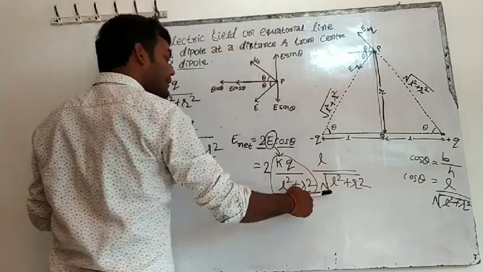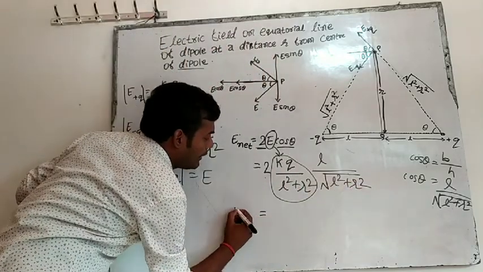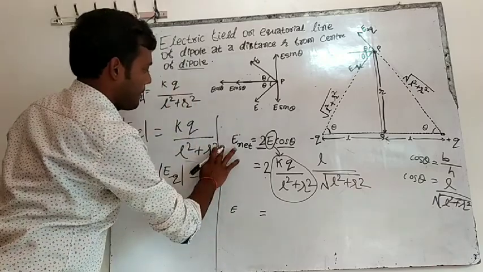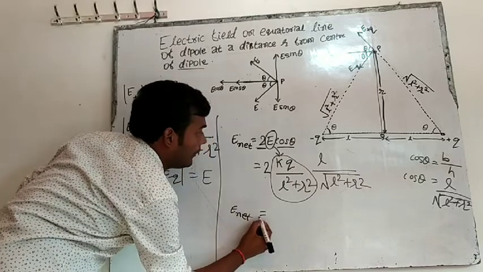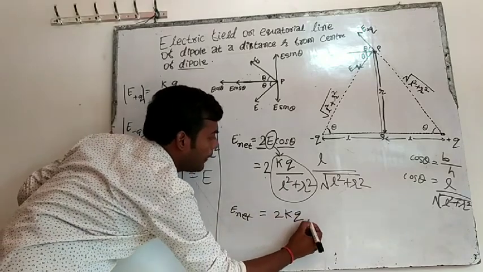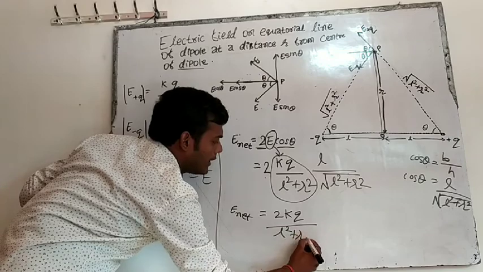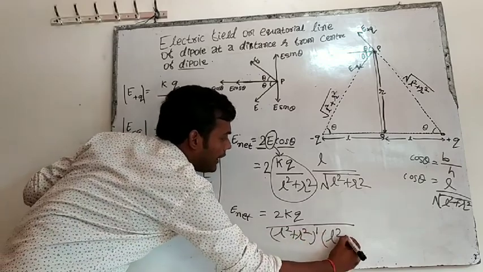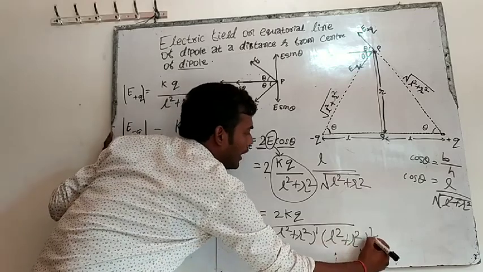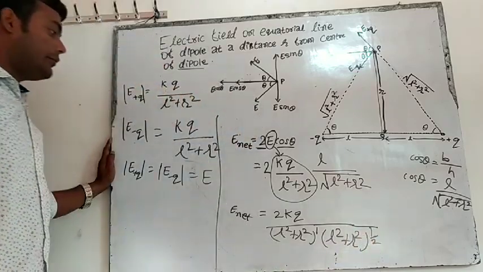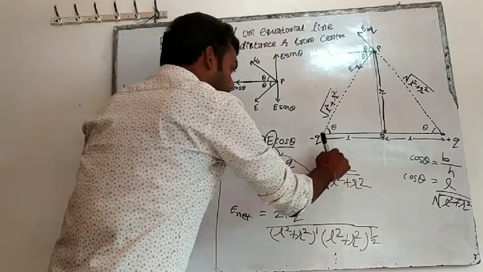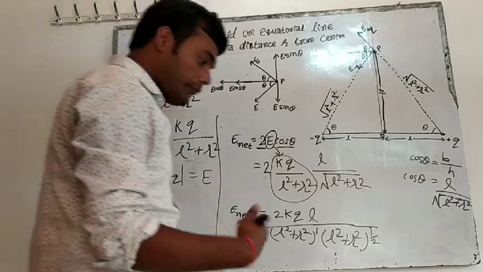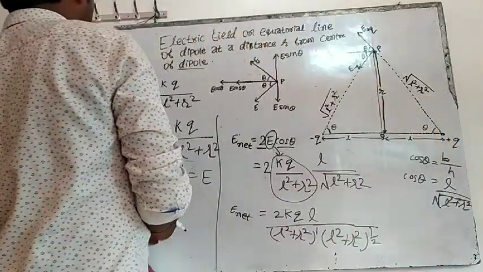So can we write this complete thing like this: E net will be equal to 2KQ by (L square plus R square) to the power 1, and (L square plus R square) to the power half? And here there is L also, so we will write L.